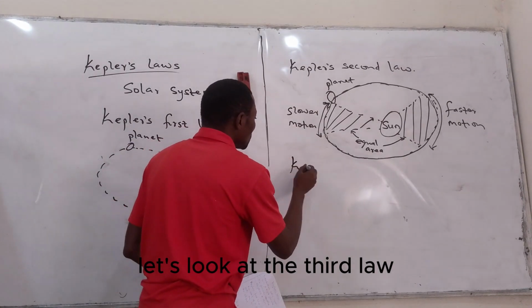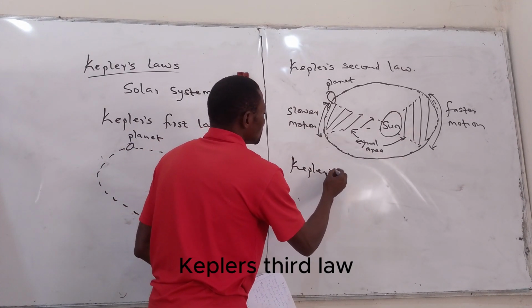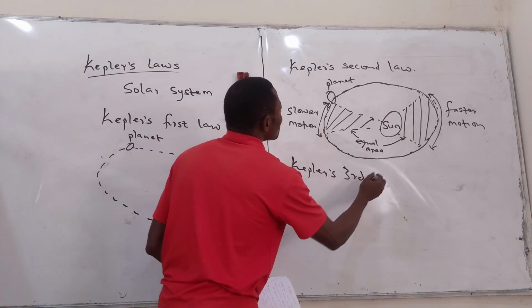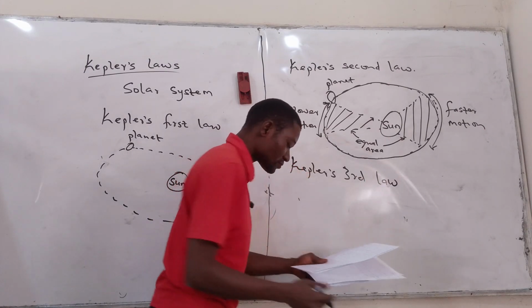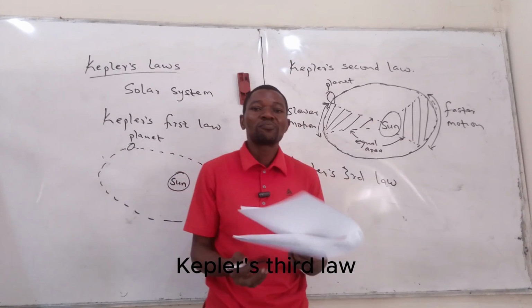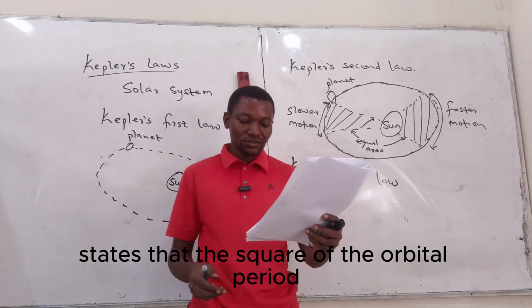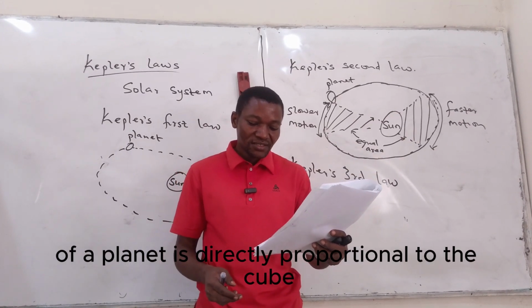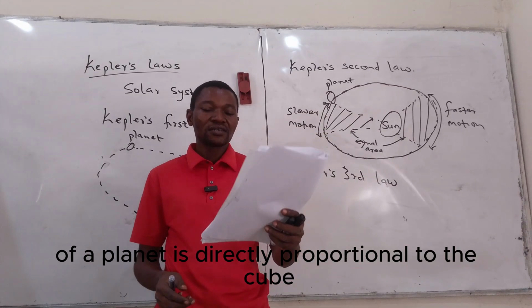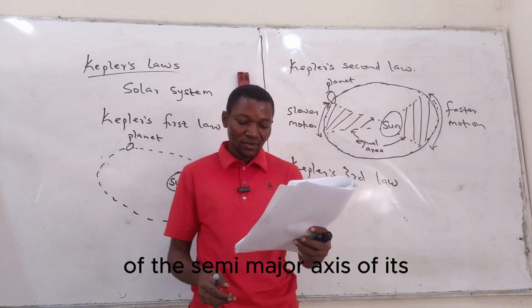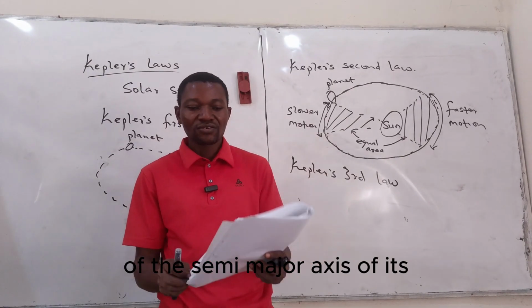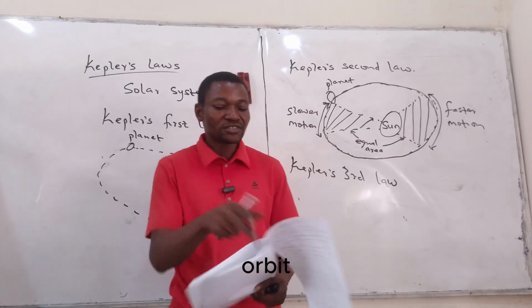Let's look at the third law. Kepler's third law states that the square of the orbital period of a planet is directly proportional to the cube of the semi-major axis of each orbit.